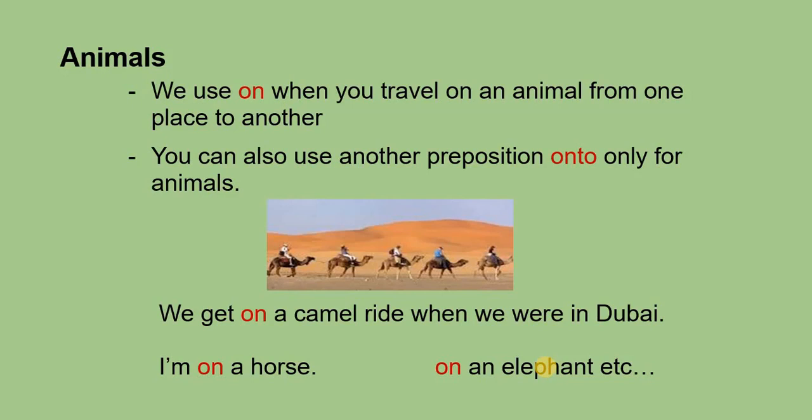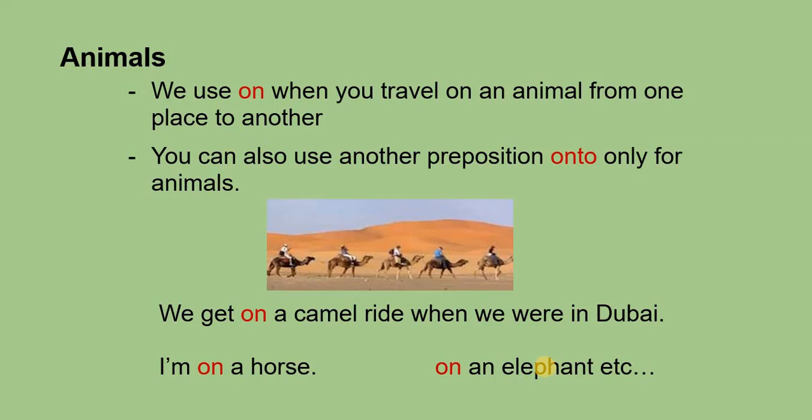Alright? How did you go to the playground? Oh, we went on foot. So you're gonna use the preposition on for foot, because you're standing on your feet, right? So it's gonna be on foot and not in foot, because you are standing on your feet.